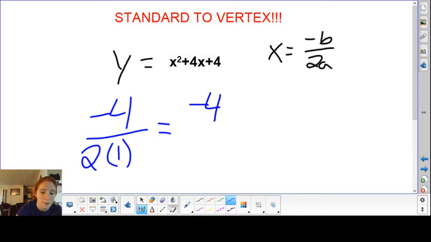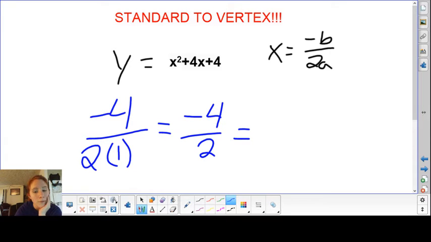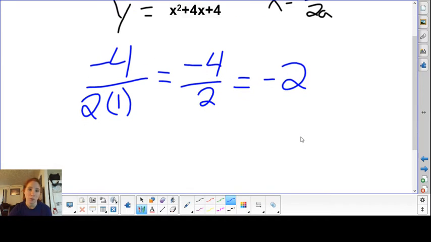So I have negative 4 divided by 2, which is negative 2. So that means that my vertex lies someplace on the line x is equal to negative 2. So now I'm going to figure out exactly where on that line. I'm going to plug in negative 2 for x.